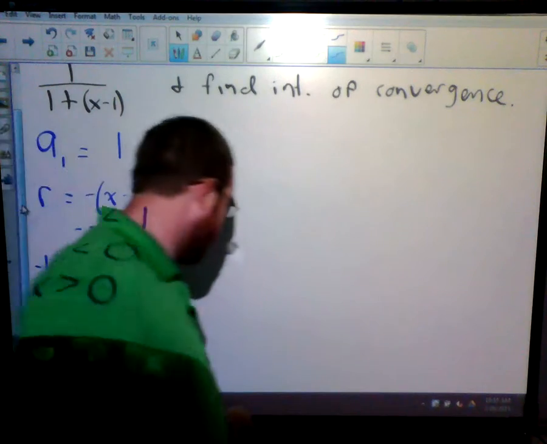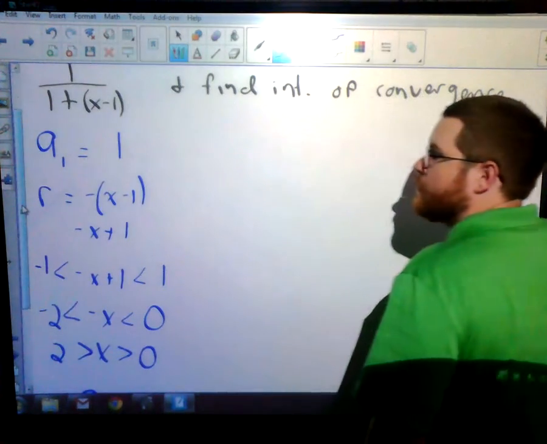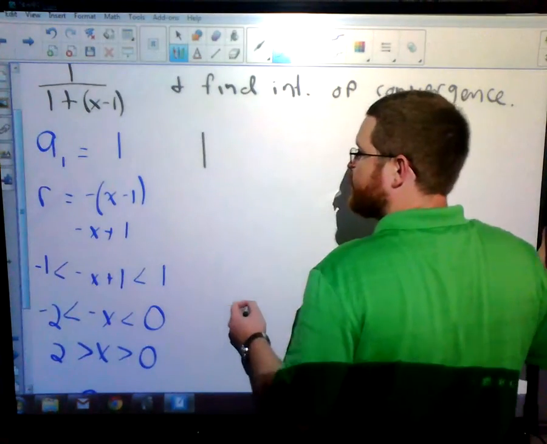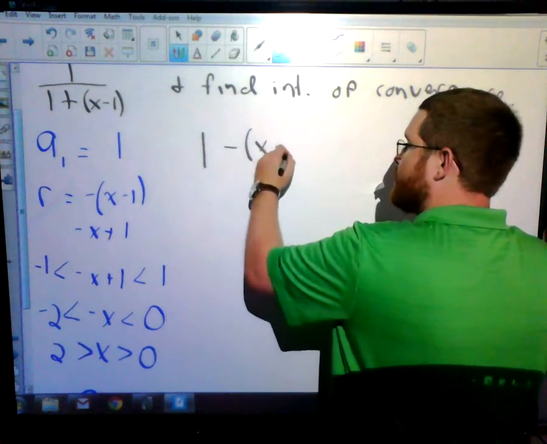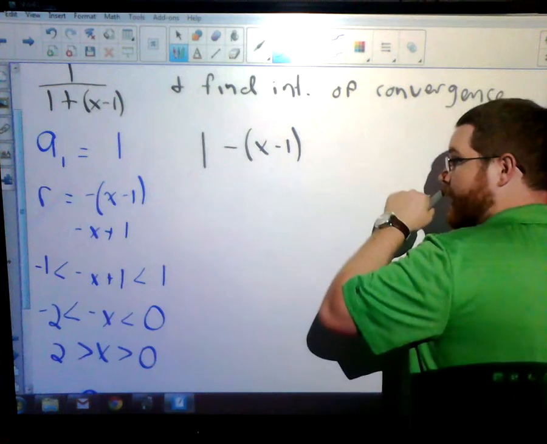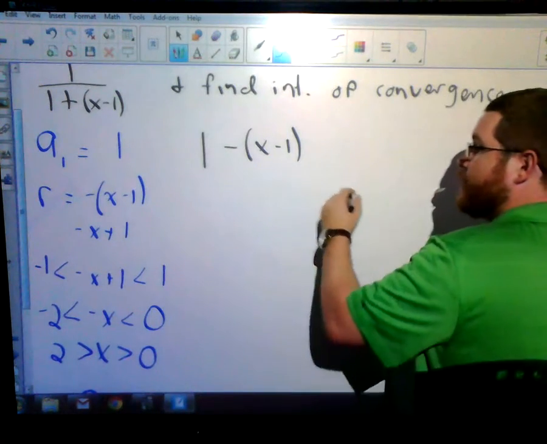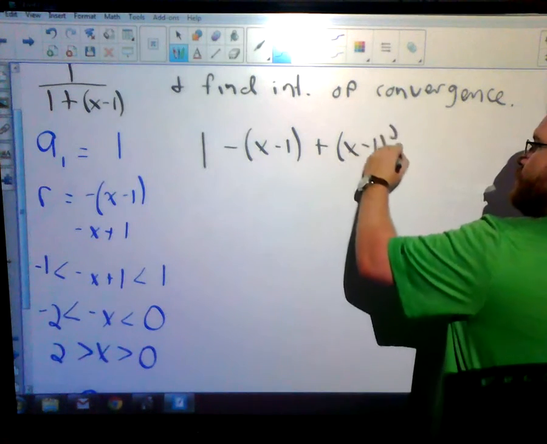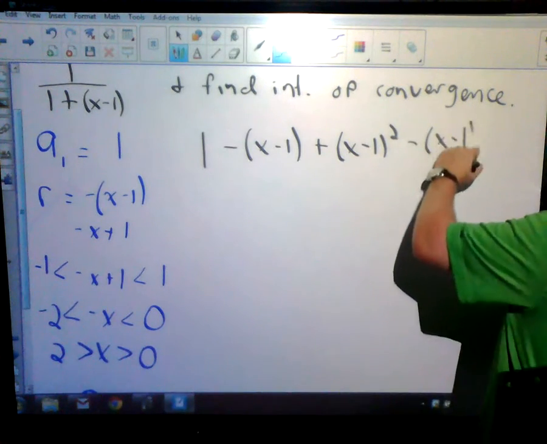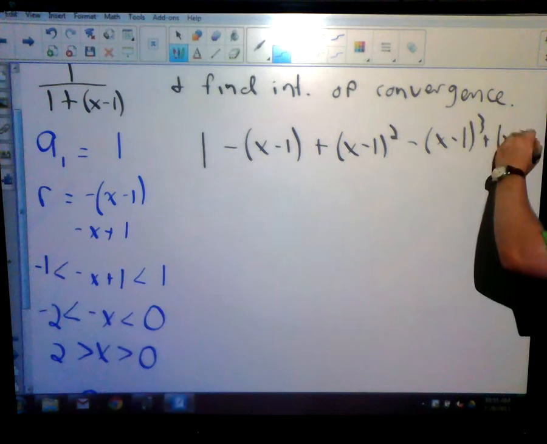So, let's do some writing. The very first term is 1 times negative x minus 1 times negative x minus 1 squared, but if you squared it, it's going to be positive, minus x minus 1 cubed plus x minus 1 to the 4th.